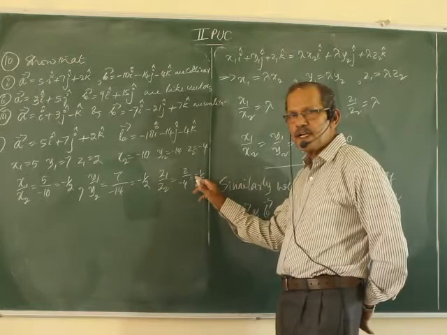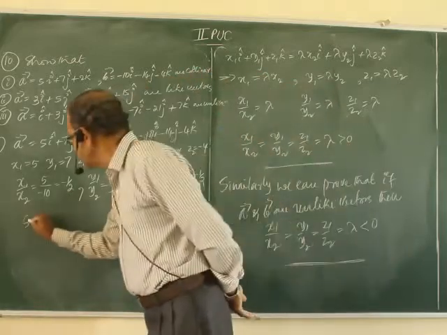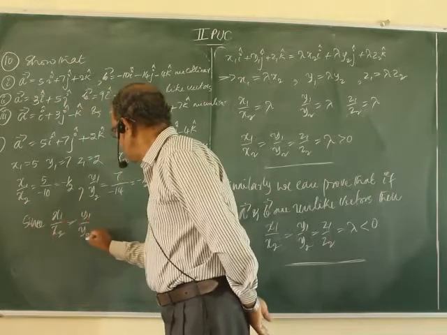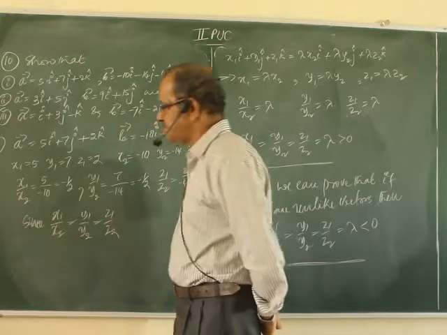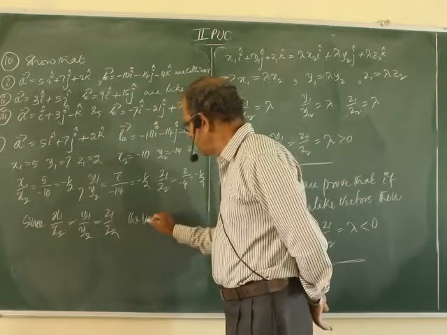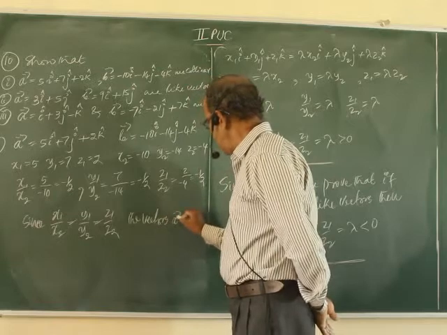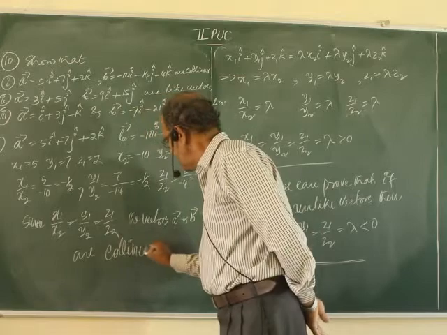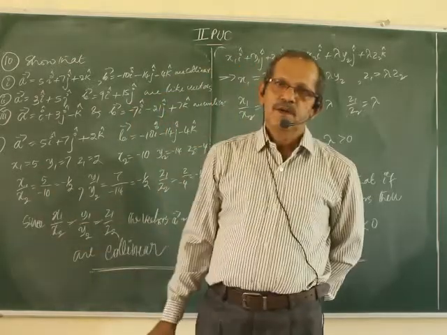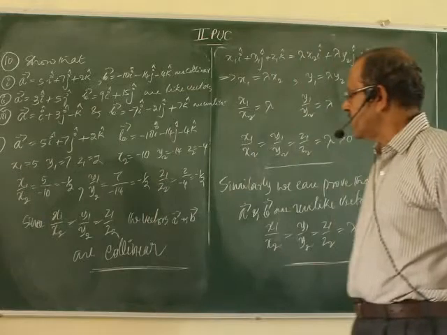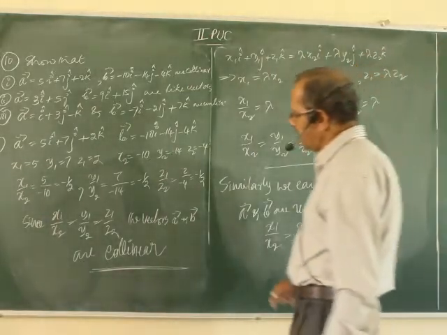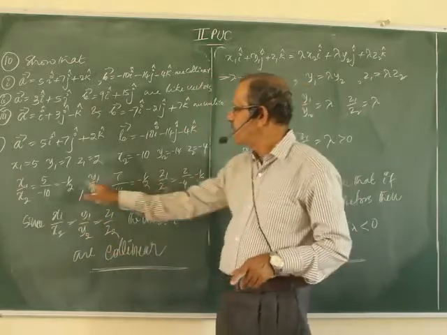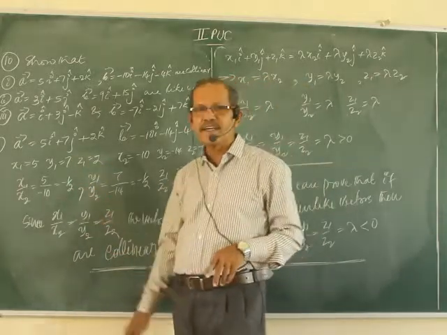Don't see the sign of the ratio. Totally they are equal, no? Since x1 by x2 equal to y1 by y2 equal to z1 by z2, enough. The vectors A and B are collinear. Only if the ratios are equal, you can say that they are collinear. But particularly in order to show that it is like vectors, this ratio should be positive. If it is negative, unlike vectors.